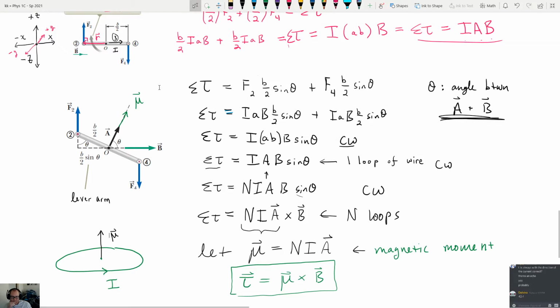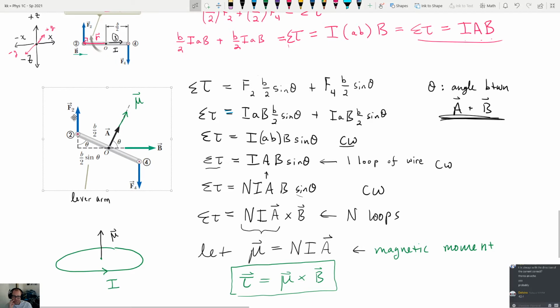Now, when I have this magnetic moment vector, I can kind of predict what my loop of wire is going to do. Okay? And what's going to happen is that there's going to be a torque, and that torque is going to have the effect of kind of turning the loop towards the direction of the magnetic field.